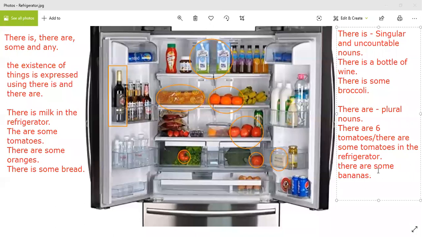Now, what happened with eggs? Do we have any eggs?